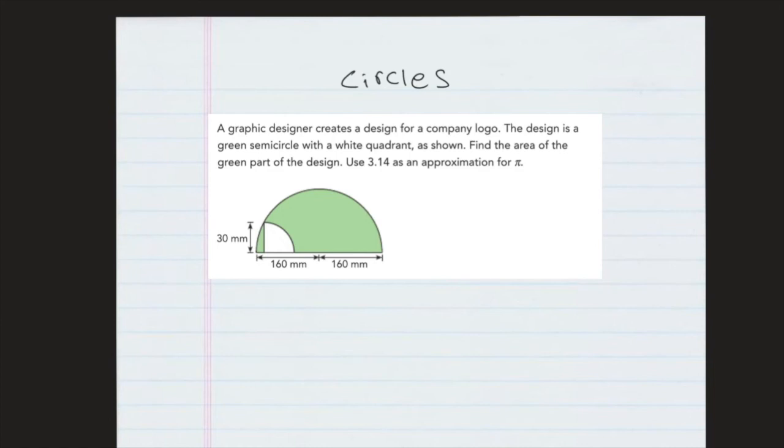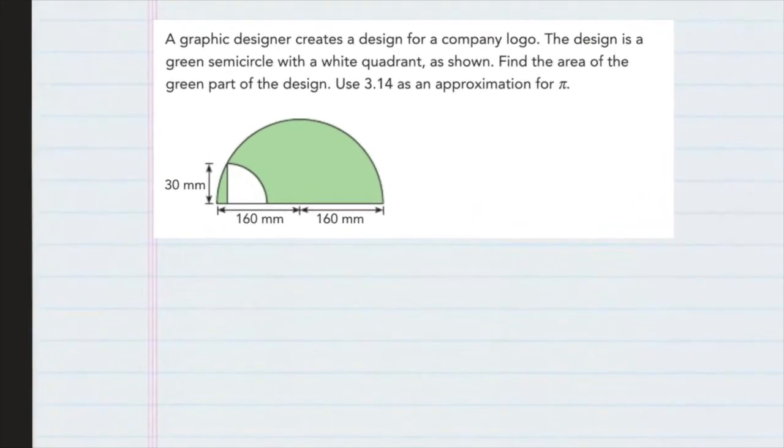Or it's like a quadrant that's taking a chunk out of that semicircle. So we're going to do the semicircle minus the quadrant.